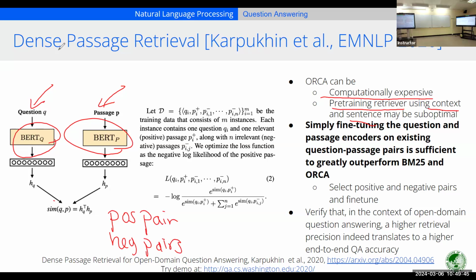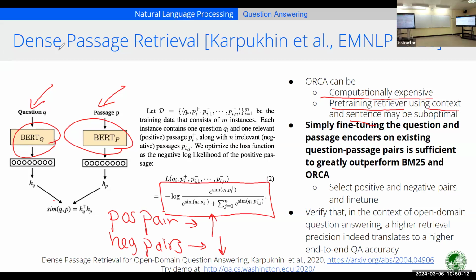Very similar, right, to SimCSE. That is, if it's a positive pair, the similarity should be high. If it's a negative pair, it should be low. Very similar to word-to-word negative sampling, basically the same. And the equation is this. This is the loss function.